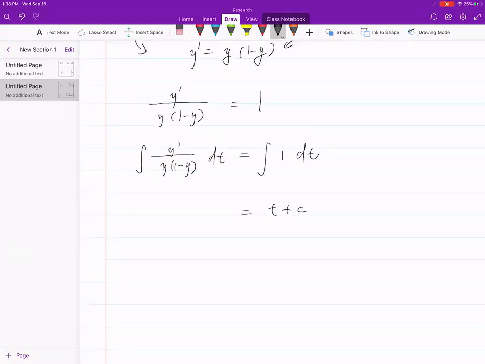The left-hand side, at least doable. We change this to dy over y minus y squared. Now it's just a matter of, do you know how to do the integral?